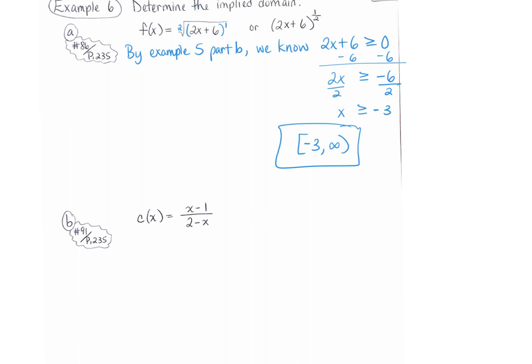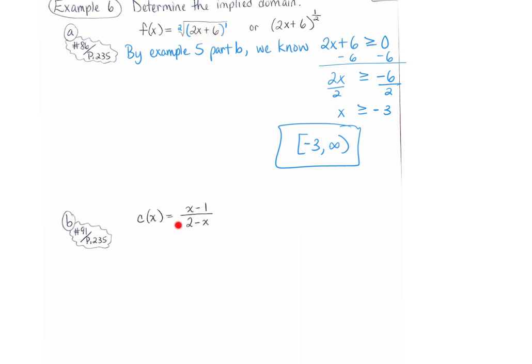Can you all hear her in the back? Say it again. Denominator has to be greater than 0. Does the denominator have to be greater than 0? For a square root function, the radicand has to be greater than or equal to 0.